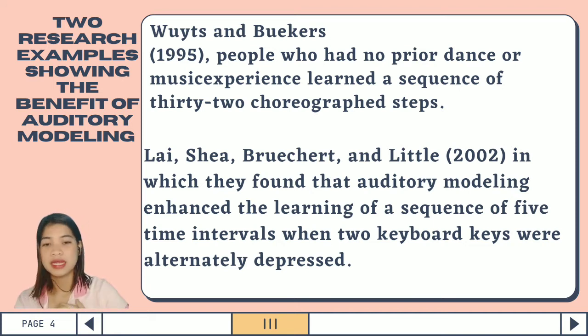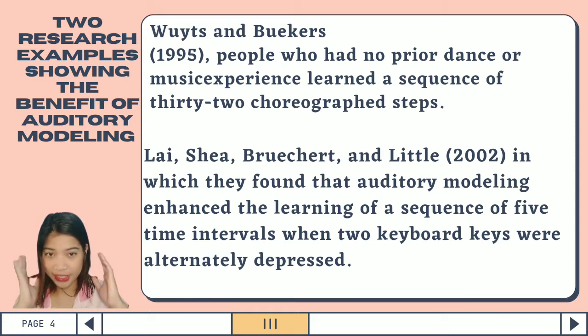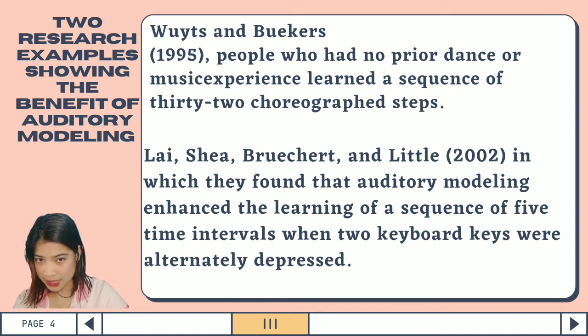In an experiment by Vogt and Beckers, 1995, people who had no prior dance or music experience learned a sequence of 32 choreographed steps. For acquiring the rhythmic timing of the sequence, participants who heard only the timing structure learned it as well as those who both saw and heard the model perform the sequence.